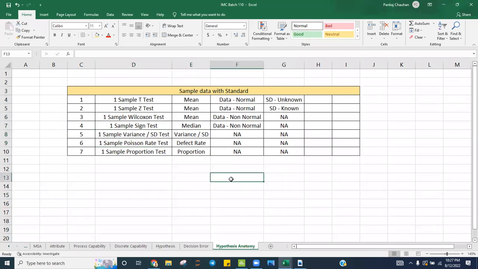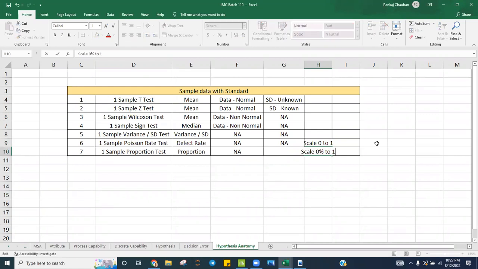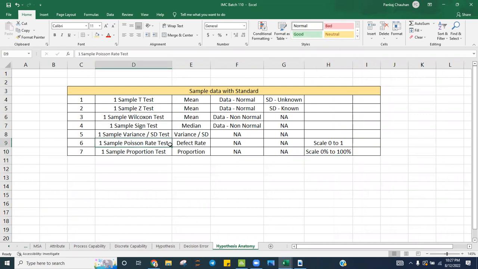All right. In proportion or percentage or in defect rate, if we have to run the sample test on, let's say, AST, which one is suitable here, defect or proportion or variance? When you are using the Poisson rate test, then the scale of comparison is 0 to 1.